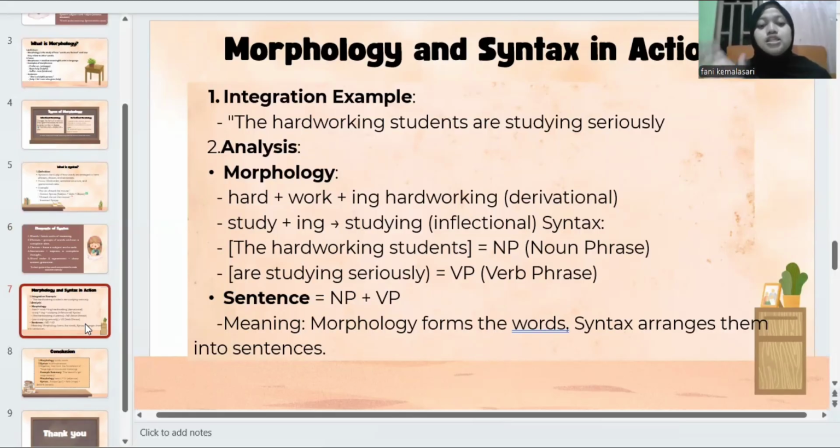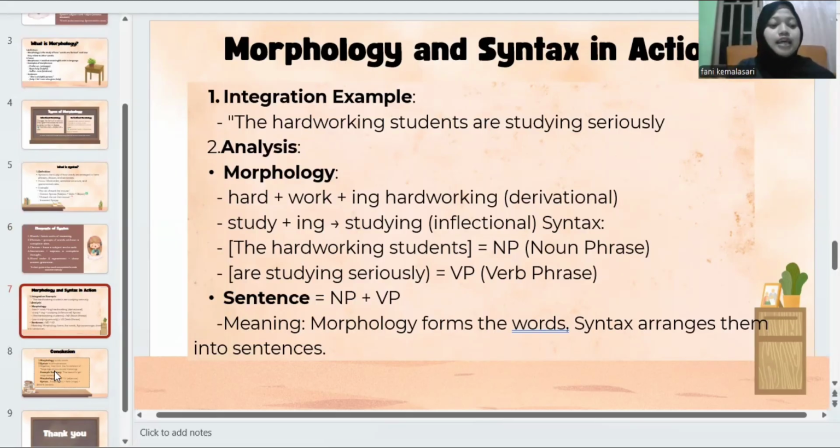The first, there is the hardworking students, noun phrase. And the second, there is are studying seriously, verb phrase. Put them together and we get a complete sentence. There is noun phrase plus verb phrase. So here is the key idea, morphology forms the words and syntax arranges them beautifully. They are like the architects of language.